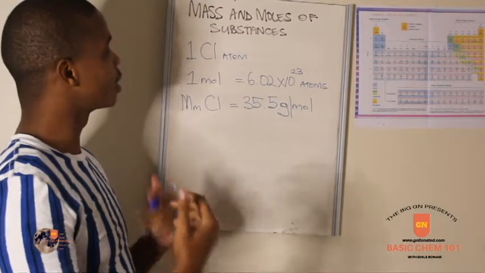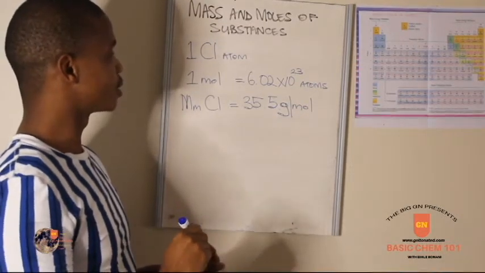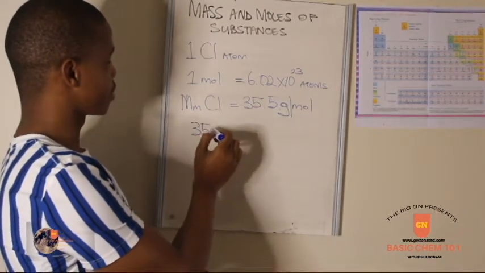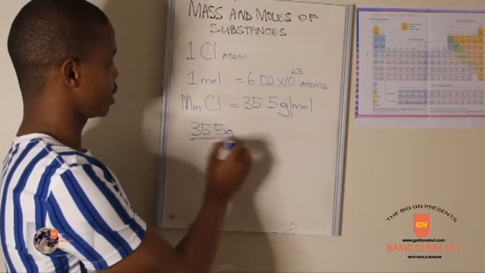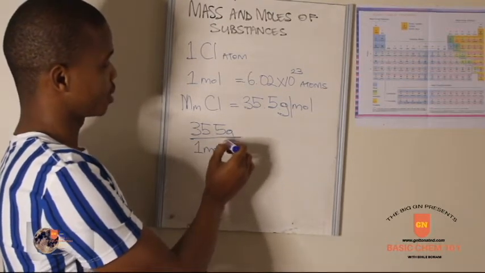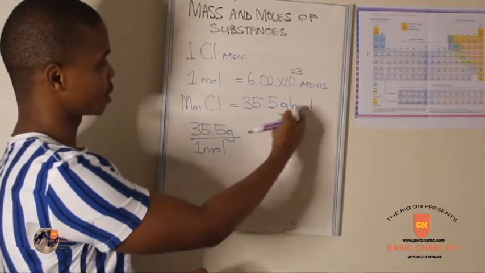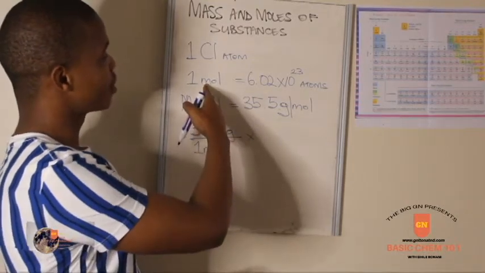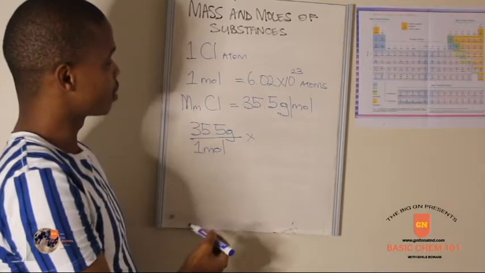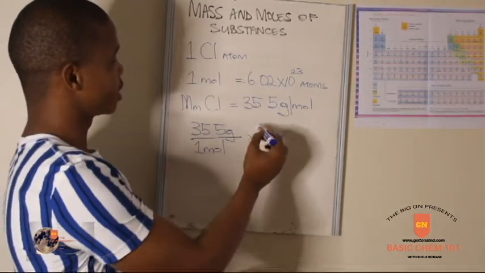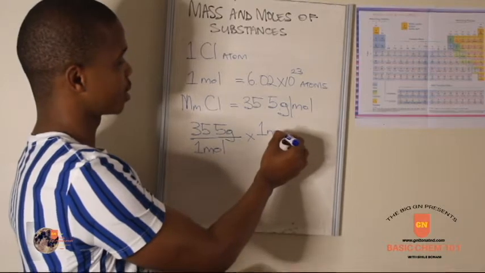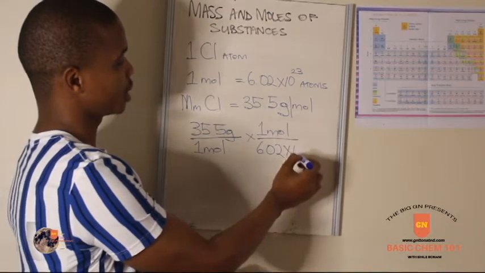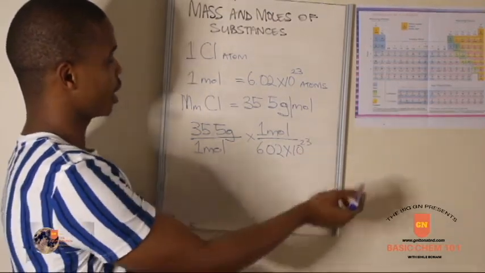So there's a concept of using conversion factors. If I say this is 35.5 grams in 1 mole, this grams per mole is the same as this one. So if 1 mole is this many atoms, I can invert this, saying 1 mole is equal to 6.02 times 10 to the power 23 atoms.